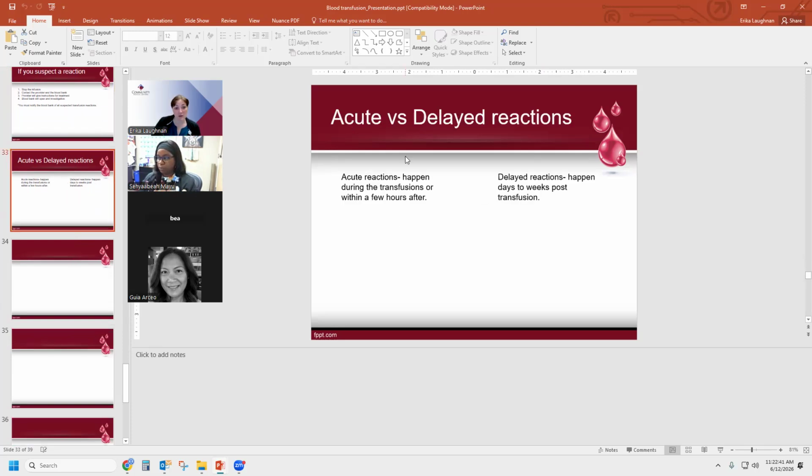And then we're just going to go into acute reactions versus delayed reactions. What is an immediate sign of like an anaphylactic reaction, which is very acute? What is a delayed sign, which can happen days to weeks after a transfusion reaction, that you might need to be aware of or understand? And that's where it's going to pretty much end, other than the treatment that we'll be giving for them. So the orders to expect, and then monitoring the patient.